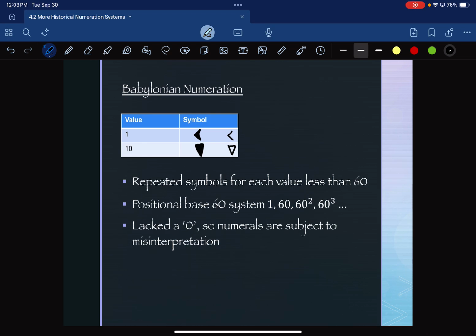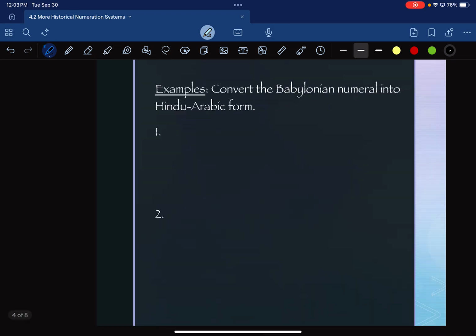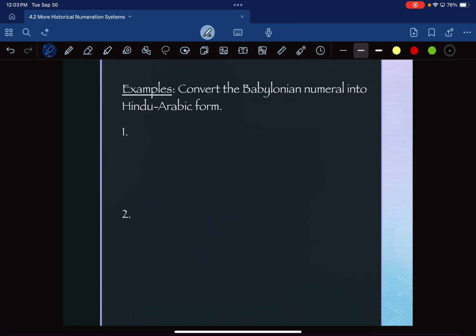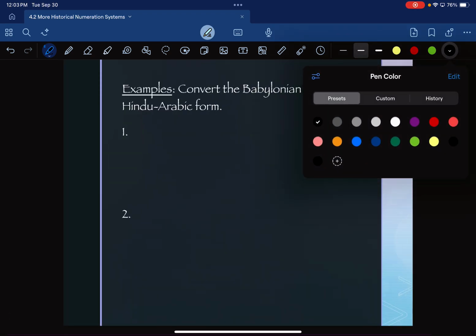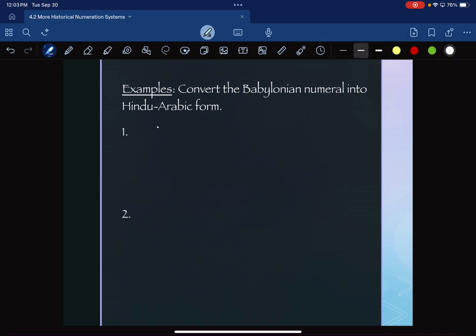Okay, ready to try? Okay, so I'm going to draw my not so nice symbols to give us some ones to work on. You see some stacking going on in their system.